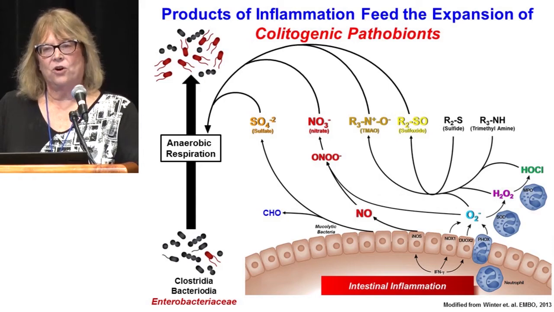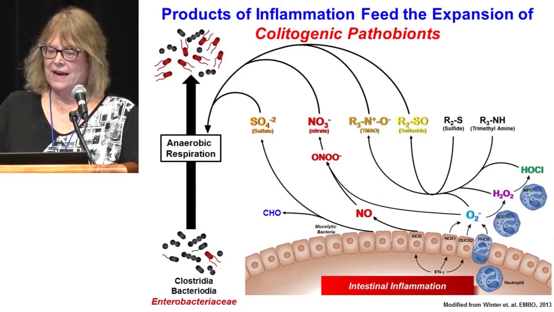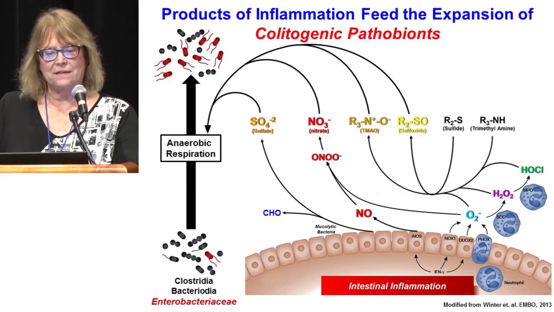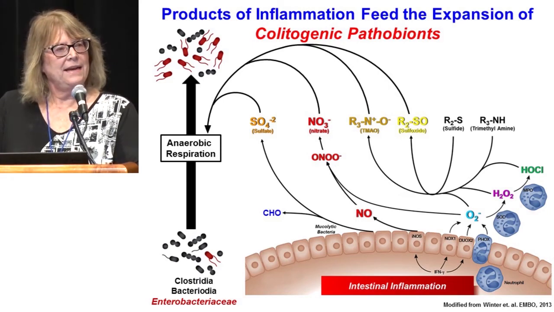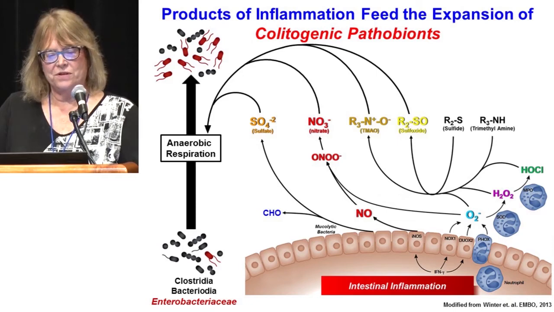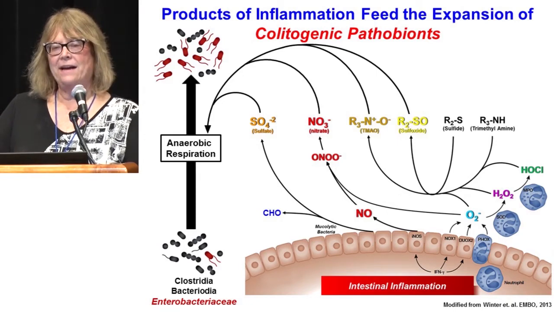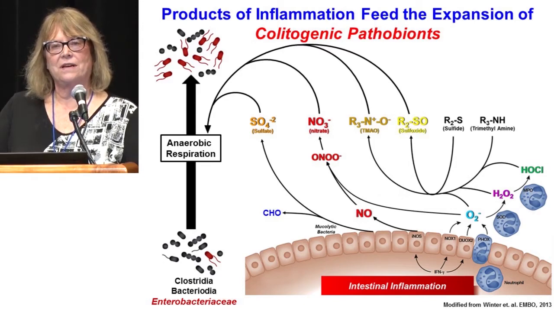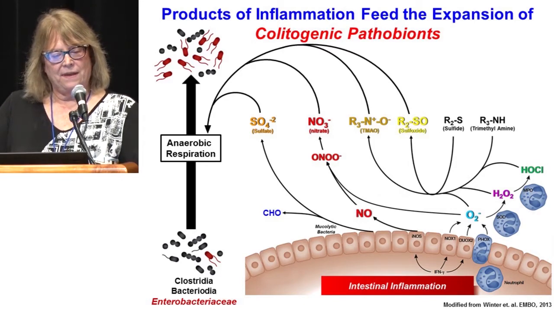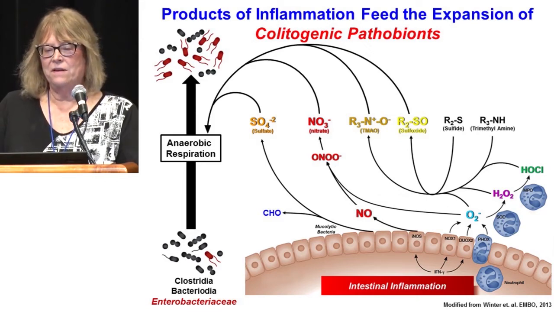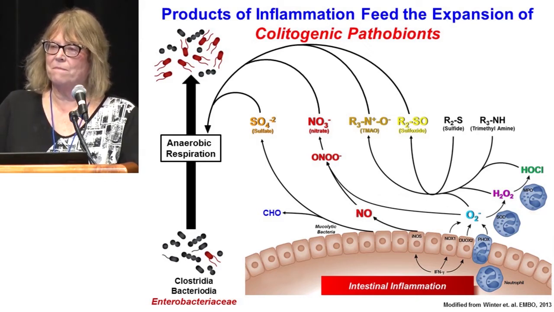So now in the colon, you have an oxygenated environment with a lot of superoxide metabolites. Things like the anaerobes, the butyrate producers, are dead following this exposure. They can't handle these types of oxygen environments. But things like Enterobacteriaceae have enzymes that let them thrive on these components.